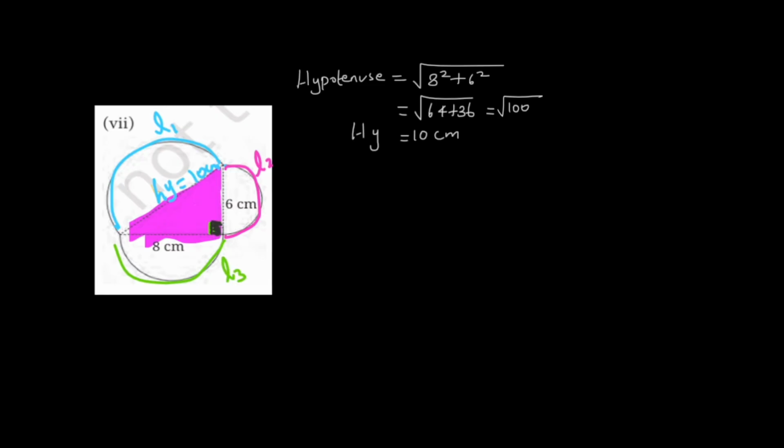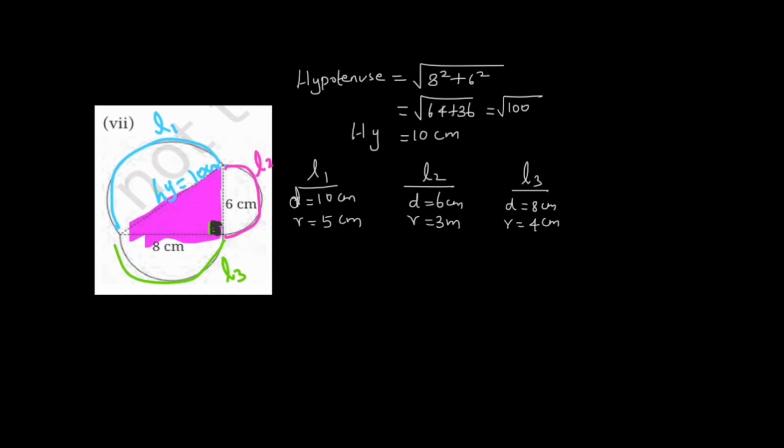Why we are taking L1, L2, L3 is because everything has different radius. For L1, diameter is 10 centimeter, radius is 5 centimeter. For L2, diameter is 6 centimeter, radius is 3 centimeter. For arc L3, diameter is 8 centimeter, radius is 4 centimeter.